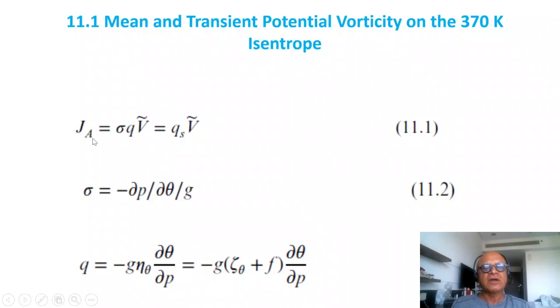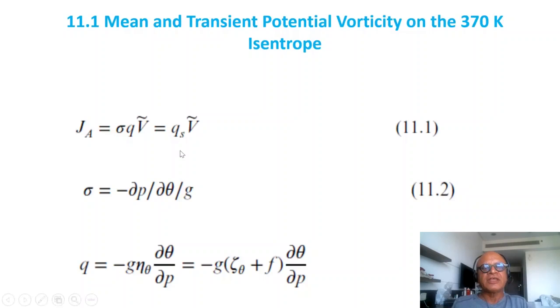If we look at the advection of the potential vorticity, the equation is something like this, where sigma is the isentropic density, Q is our potential vorticity, which we had defined before, and V is the isentropic flow field, which we can come back to later in terms of geostrophic balances and so on.